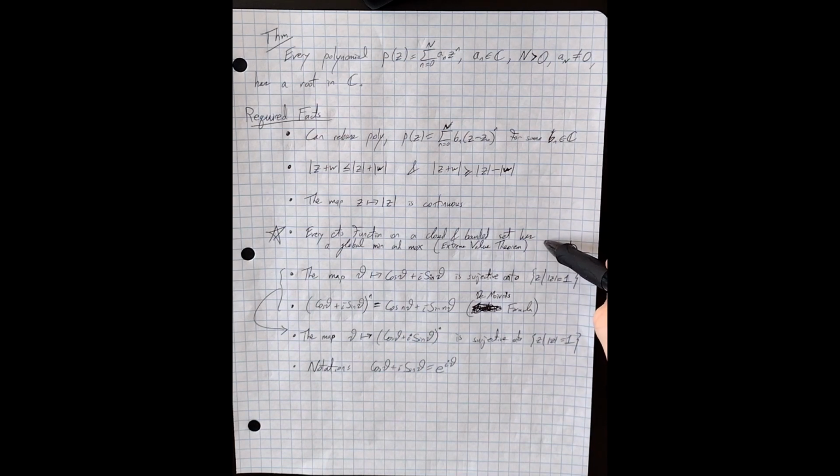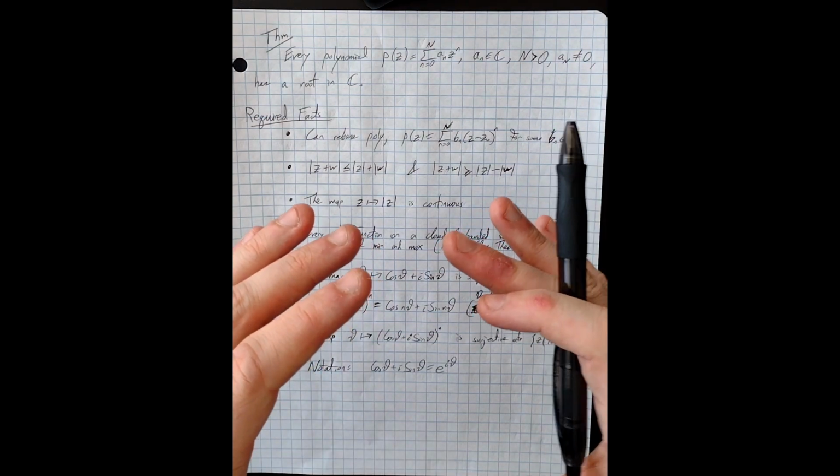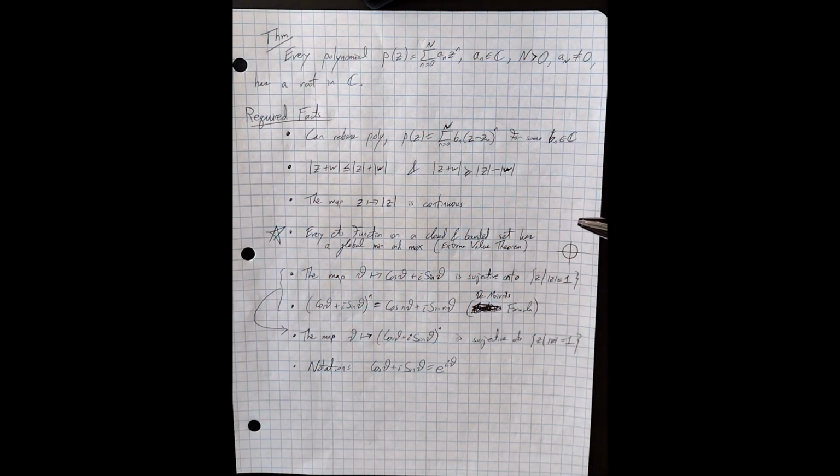This fact gets a star because it is not something that's easy to sit down and prove if you've never ever seen it before. So we want to know that every continuous function on a closed and bounded set has a global minimum and also a global maximum, but we only need the global min part. And this is the extreme value theorem. If you've taken multivariable calculus, this probably was stated as a fact for you to accept.